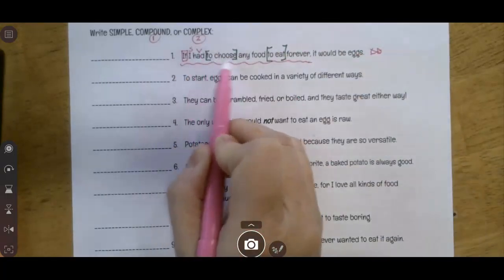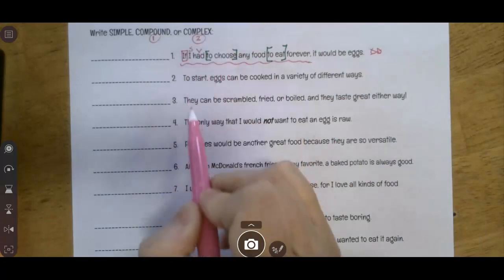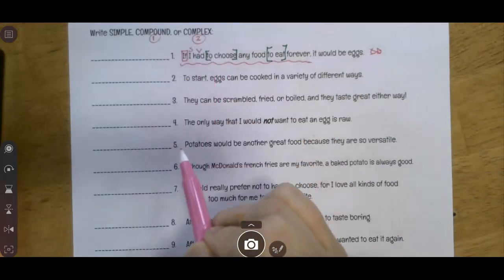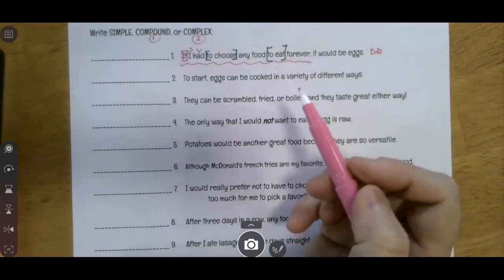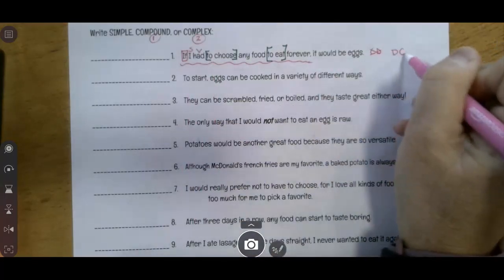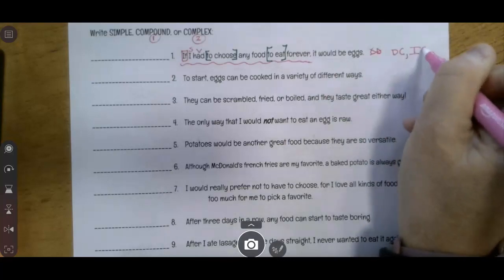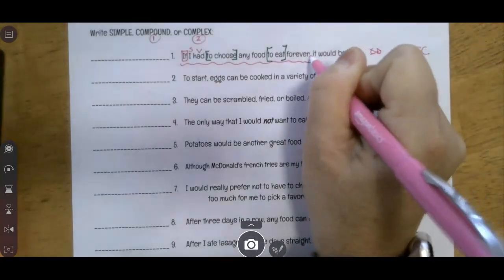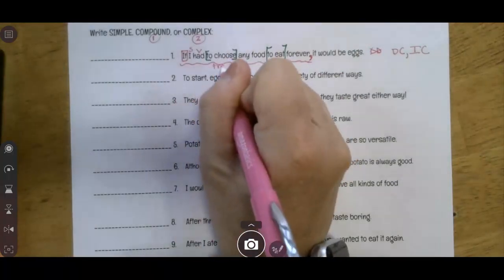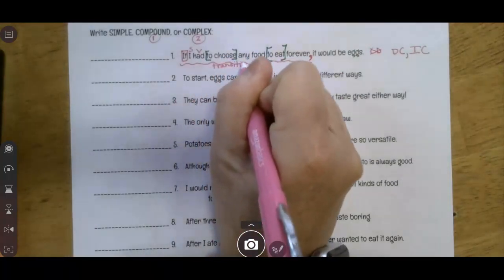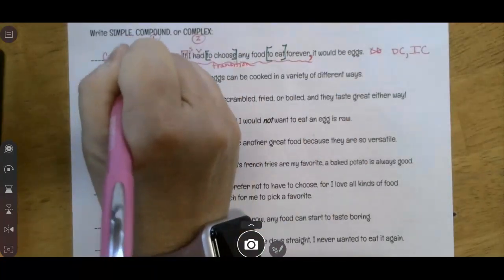Remember that your infinitive is never going to be labeled a verb. It's not the main verb. It's an infinitive. It's doing a different job. So this sentence, the pattern was dependent clause, comma, independent clause, which is why there was a comma there. And my dependent clause is used as a transition. So this sentence is complex.